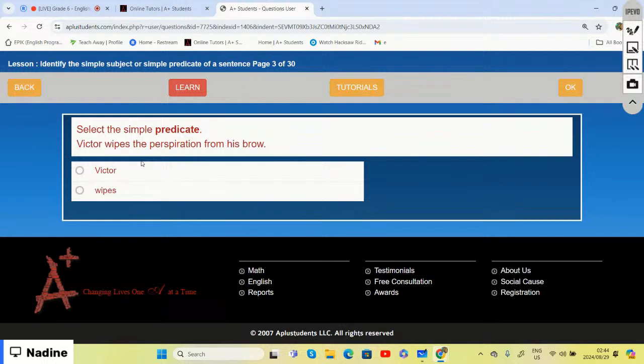So Victor or wipes. And if we were to select the correct option, we would say it is wipes because it's only the verb.